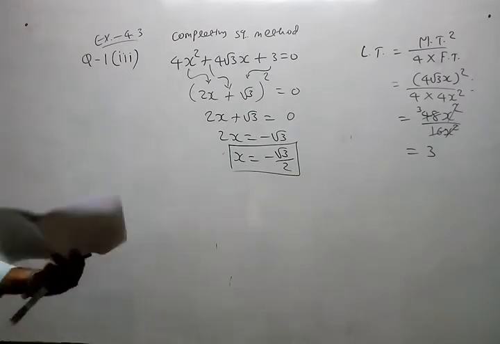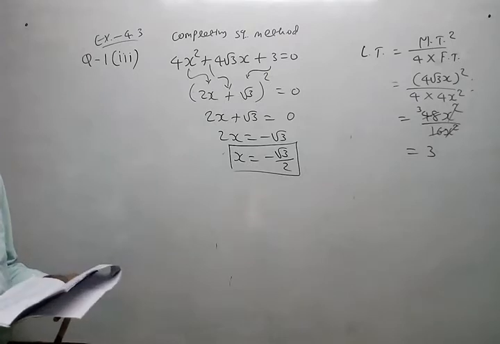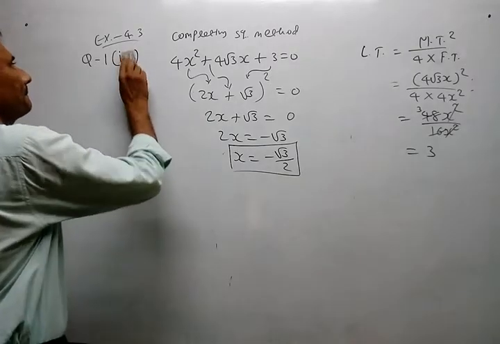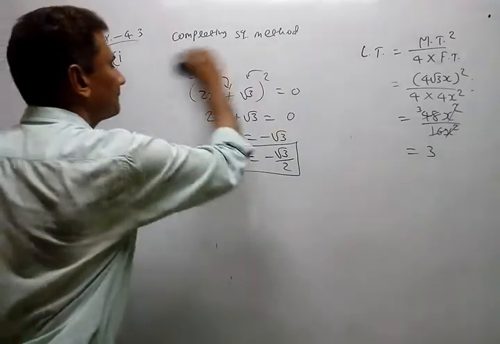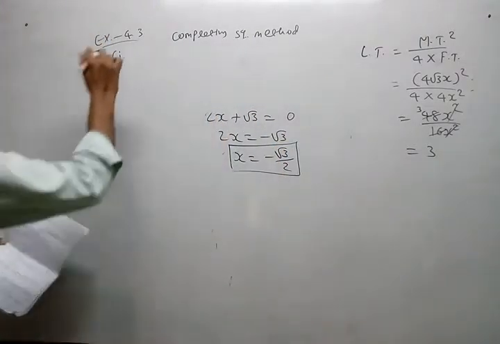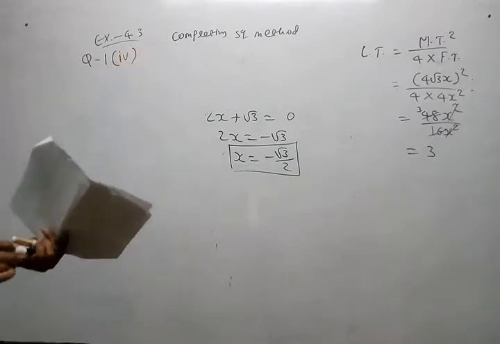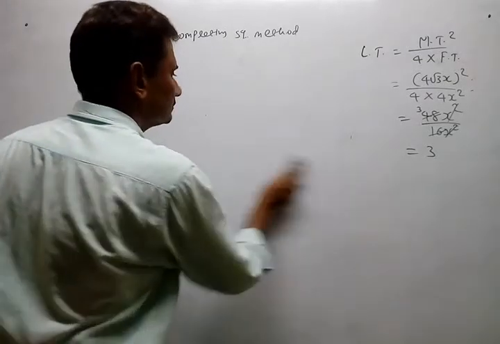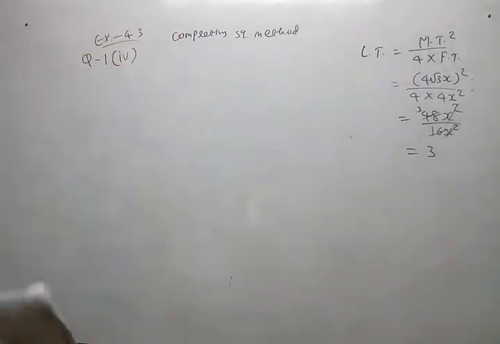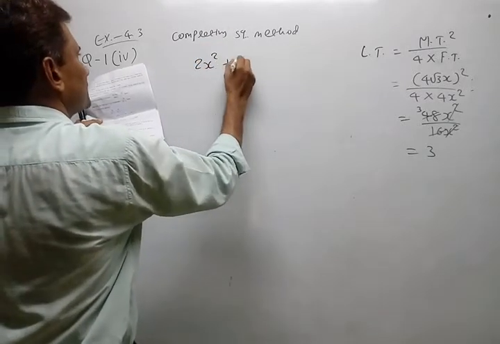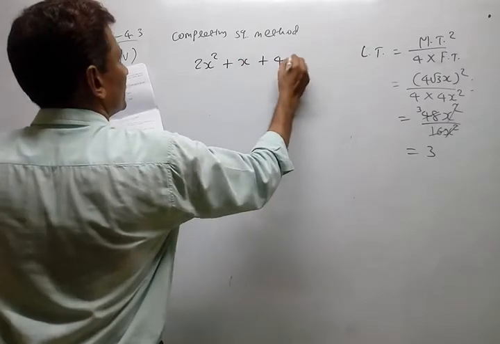Now, after writing and understanding this, look at number 4. It is 2x square plus x plus 4 equal to 0.